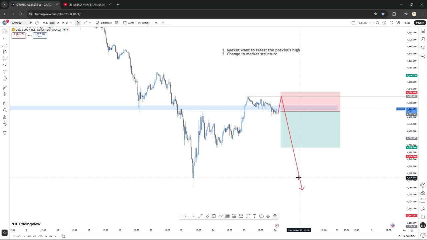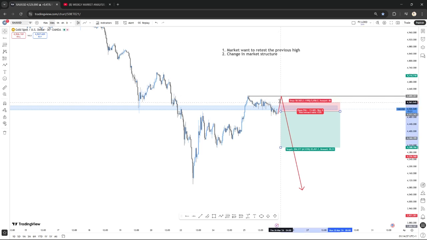All right. So that is why you must always set your stop loss above the previous high, because if you just set your stop loss inside here, market can just come, take you out, retest the previous high, and then continue. So you want to play safe all the time.